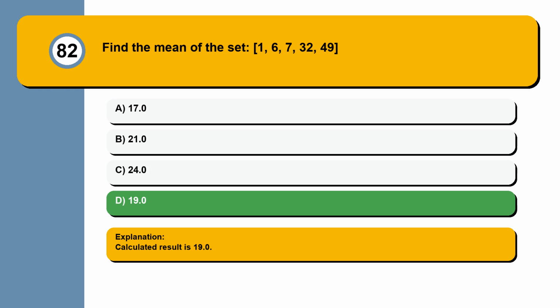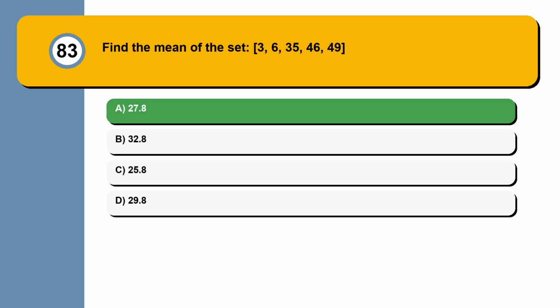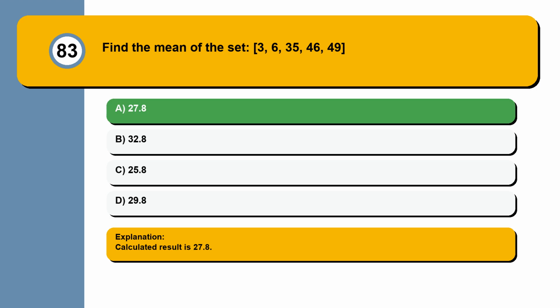Calculated result is 19.0. Question 83. Find the mean of the set 3, 6, 35, 46, 49. 27.8, 32.8, 25.8, 29.8. Calculated result is 27.8.